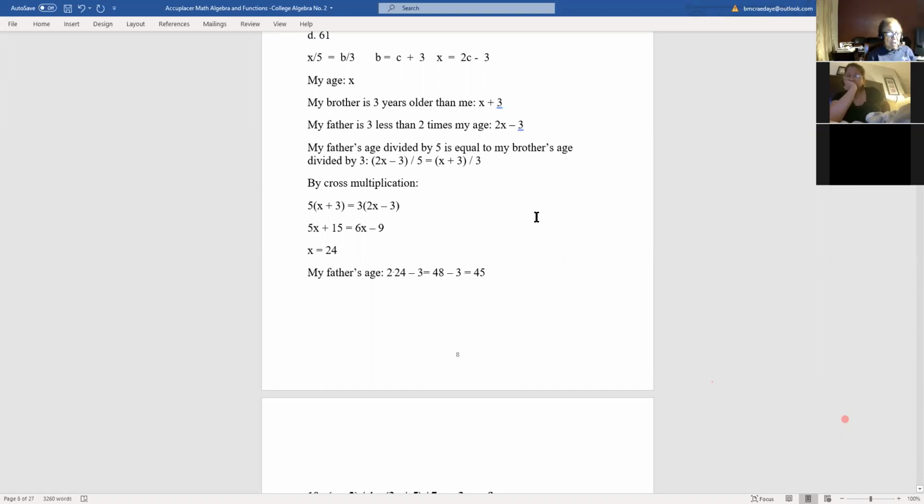This one was a little involved, and if you don't start it off right, you're going to end up with a lot of unknowns that you can't solve. That's why it's best to start with something that's related to 2 things. Your age is related to your brother's age, and it's related to your father's age.